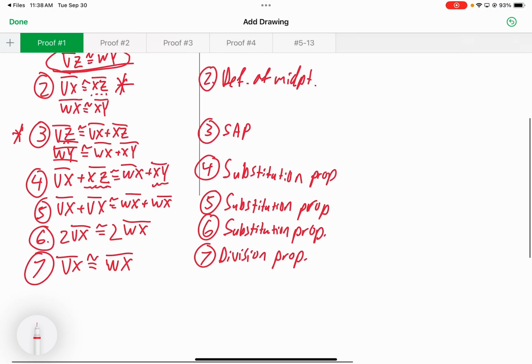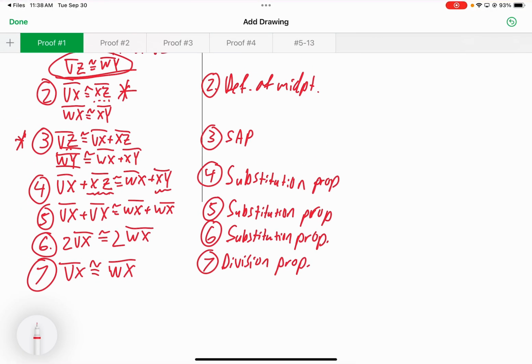And I did the definition of midpoint, and then I just went into 2Wx is congruent to 2xy. I don't know if you could do that, because you have to have them equal to each other at some point. I would have to really look and see if you were able to do that. I'd have to look at your work. I'm not so sure that you can, though, because I think you'd be skipping too much substitution.